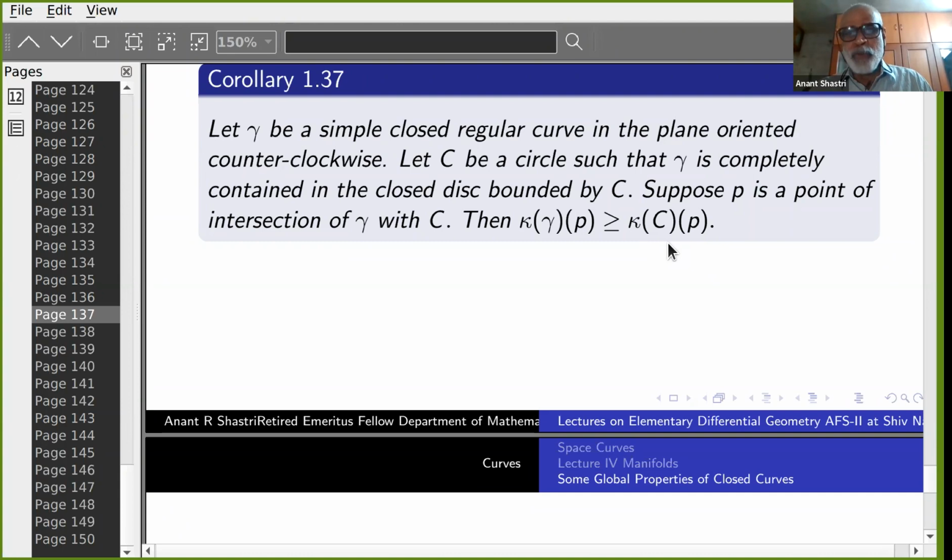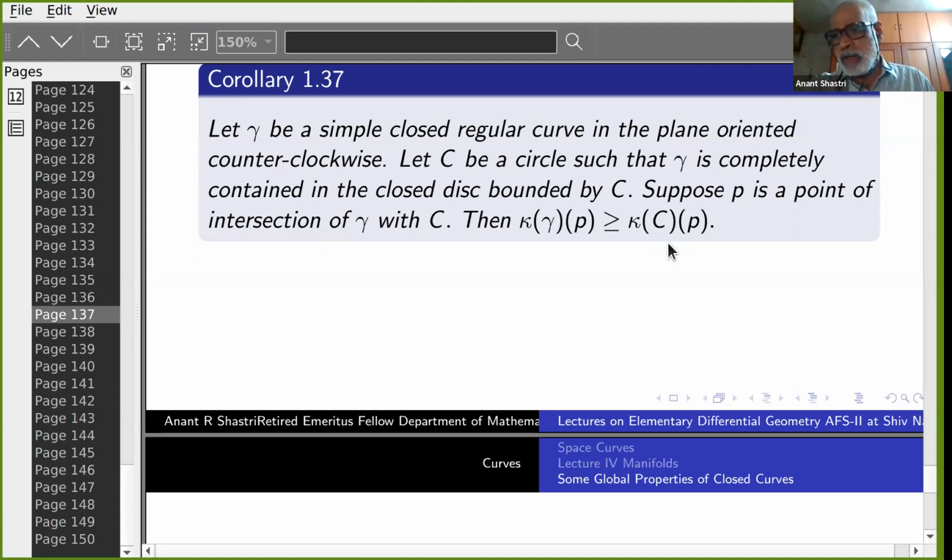Then in a small neighborhood, as we have done in the last lecture, every manifold looks like the graph of a function, right? So this is how we have to do that.